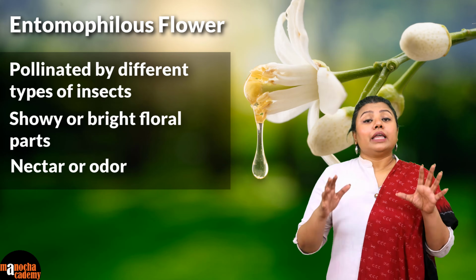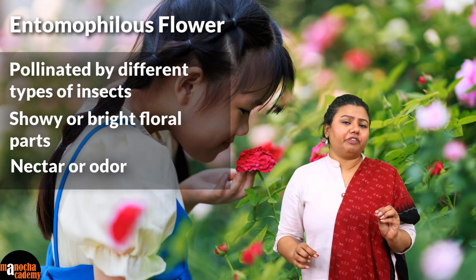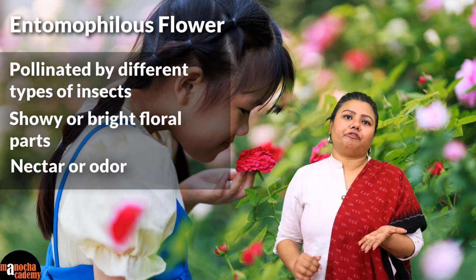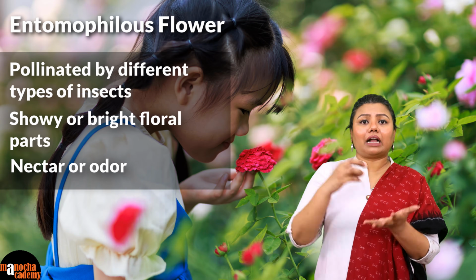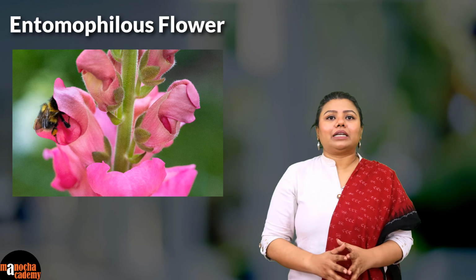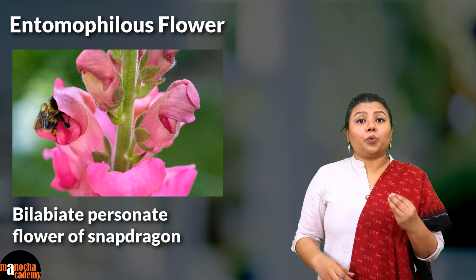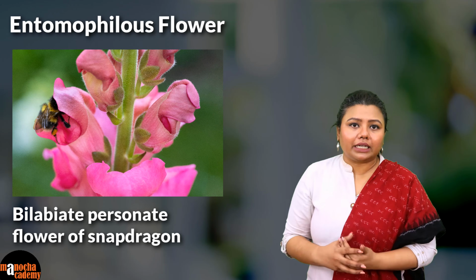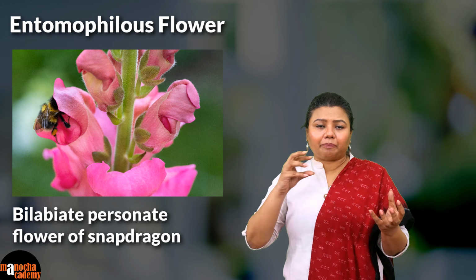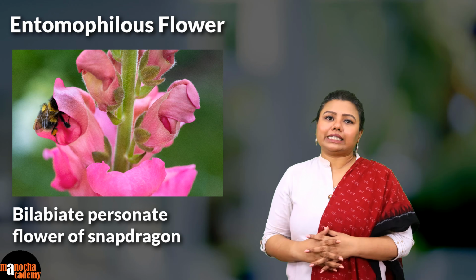In these flowers, depending on which species of entomophilous flower we are talking about, they usually have a landing platform for the insect, where the insect can come and land. We see that the bilabiate personate flower of snapdragon has a particular weight carrying capacity. We see certain corolla having the depth which matches with the length of the tongue of tongued insects.